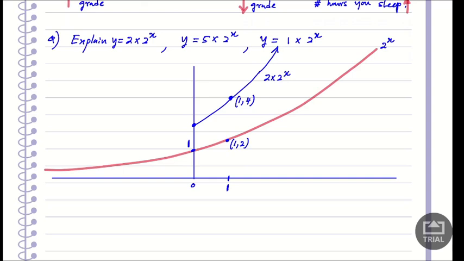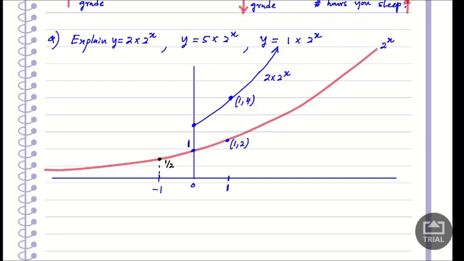Now let's go to the other side. So for minus 1, what will happen? If it is minus 1, you go here, and 2 to the power minus 1 is going to be half, 1 divided by 2. So half is this point.